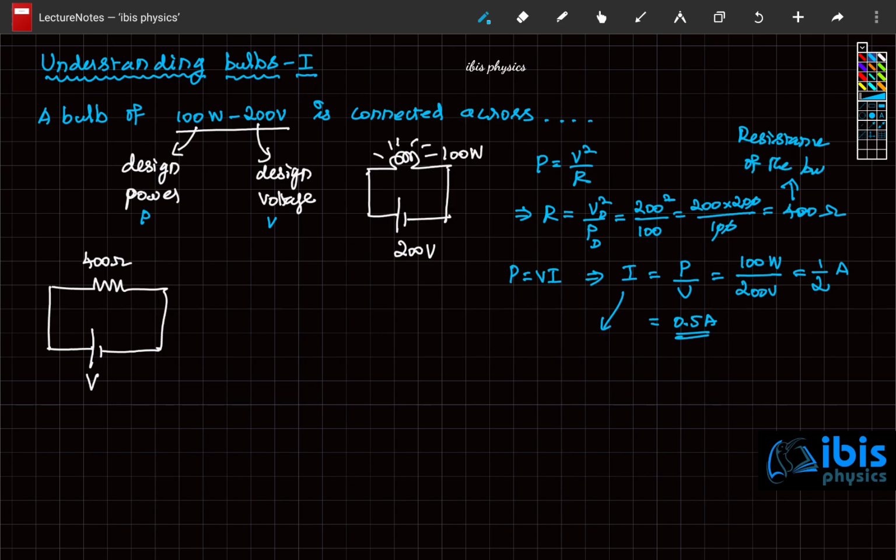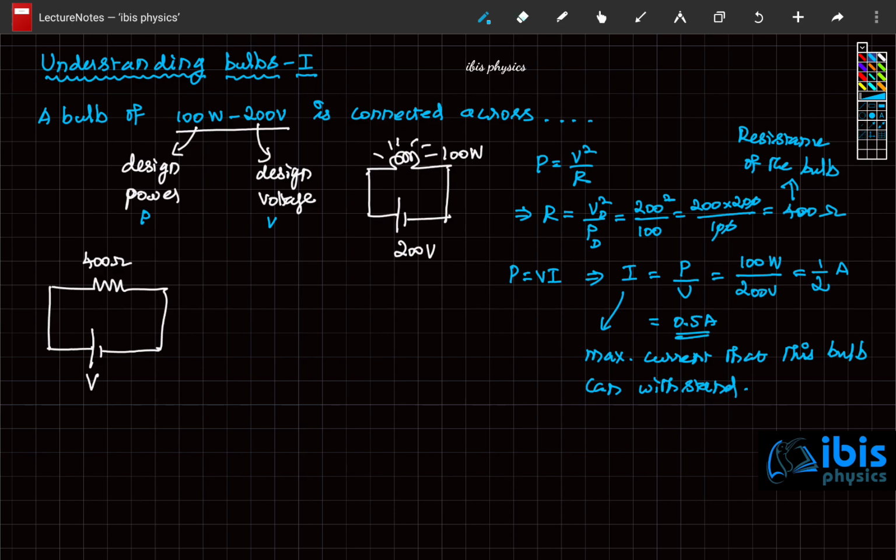Design voltage square by design power gives you the resistance of the bulb. Design power by design voltage gives the maximum current the bulb can withstand. Anything more than that the bulb cannot withstand.